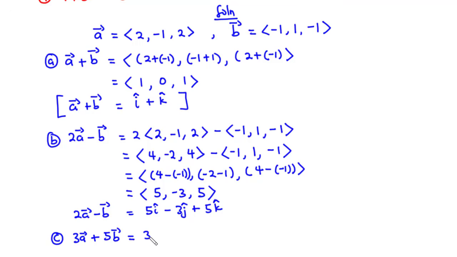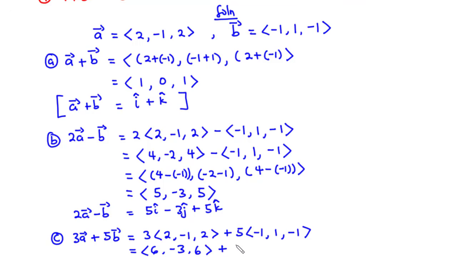So we have 3 times the vector A, <2, negative 1, 2>, plus 5 times the vector <negative 1, 1, negative 1>. Now let's multiply 3 and then 5 across respectively. 3 times 2 is 6, 3 times negative 1 is negative 3, 3 times 2 is 6.